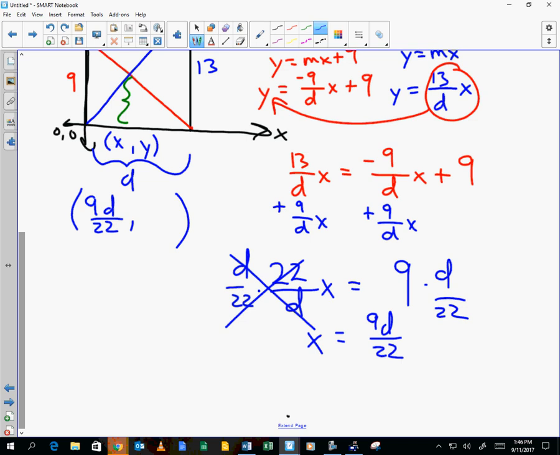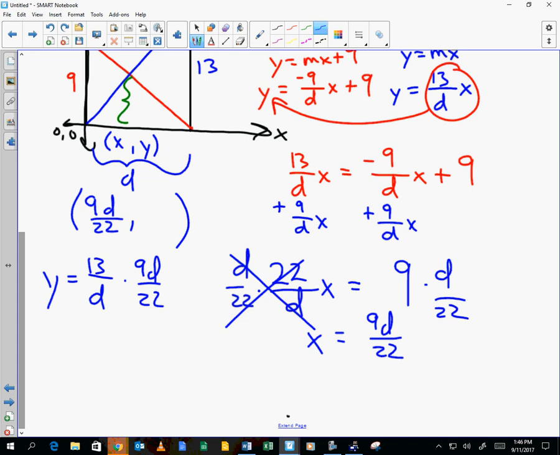The answer to the problem you said would be which value? The y value. Once we have the x value, how do we find the y value? Is it going to be easier to plug this in for the blue equation or the red equation? The blue. And so we say that y is equal to 13 over d times our x value, which is 9d over 22.